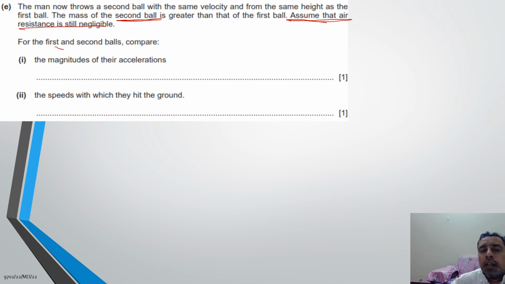For first and second ball, you have to compare the magnitude of the acceleration. The acceleration is same, the gradient is same, so it is same. The speed with which they hit the ground is also same because there is no air resistance involved.